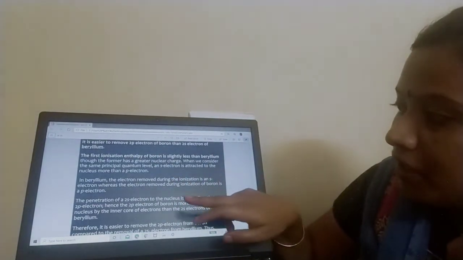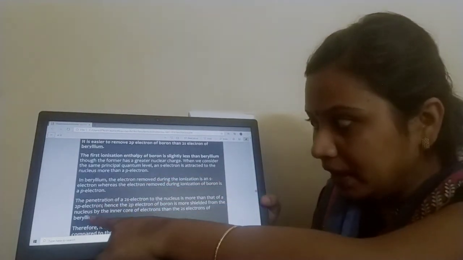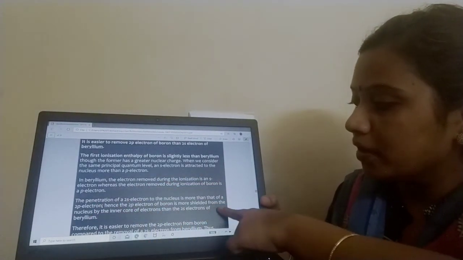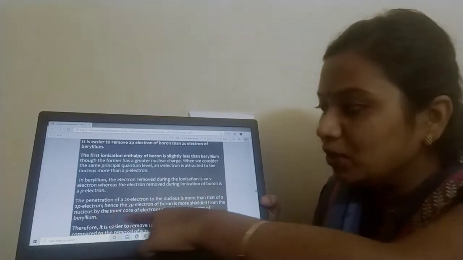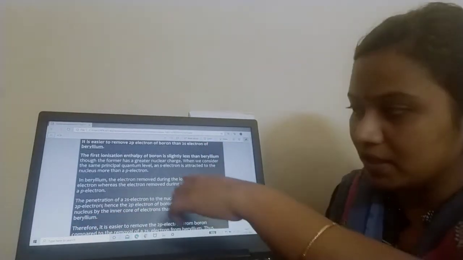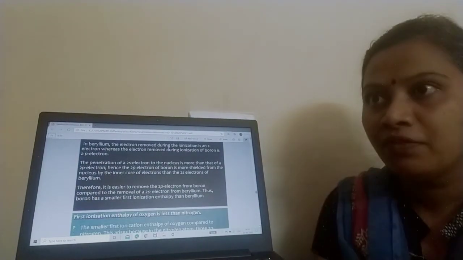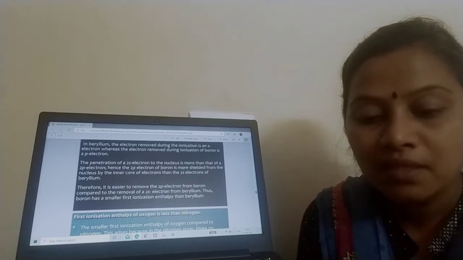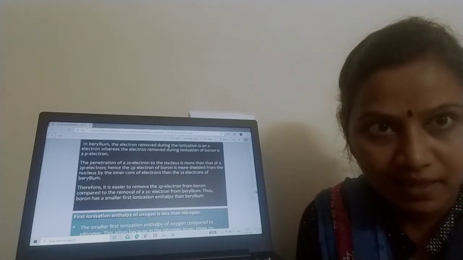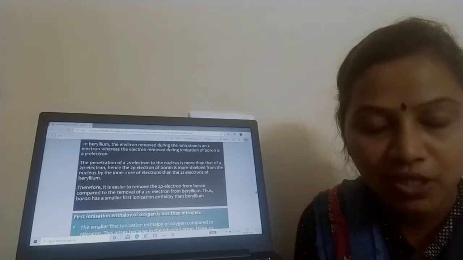So the penetration of the 2s electron to the nucleus is more than that of 2p. Hence the 2p electron of boron is more shielded from the nucleus by the inner core of electrons than the 2s electron of beryllium. Actually, this is the exact answer. This is due to the screening effect. The p electron experiences more shielding than s because p has an inner core, that is s, shielding it.